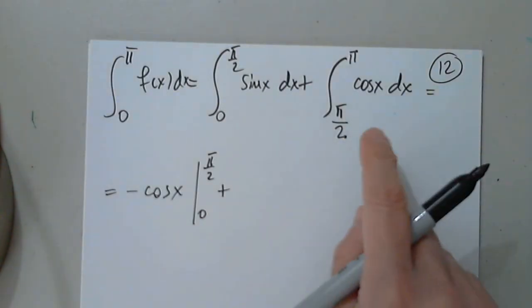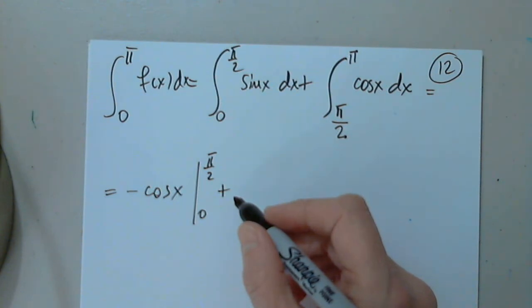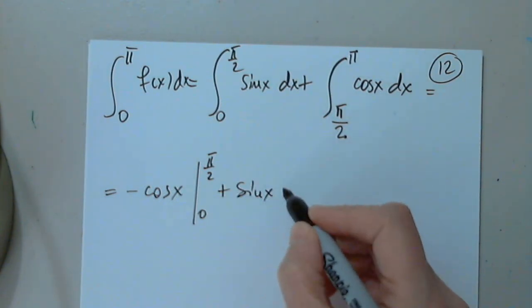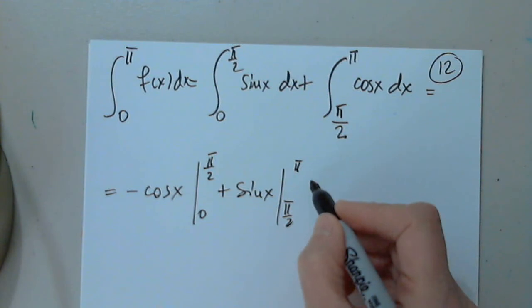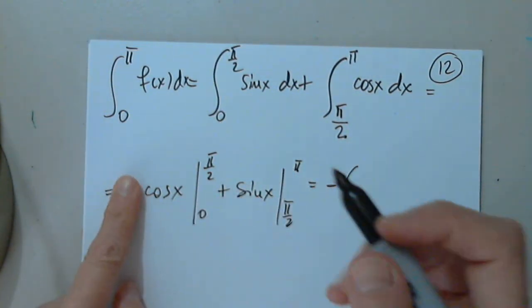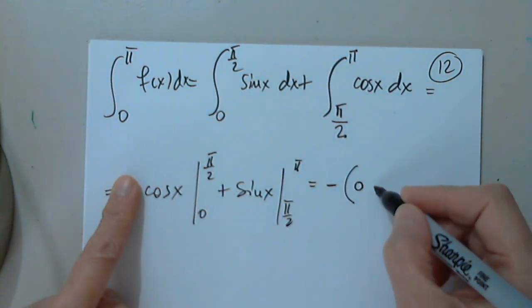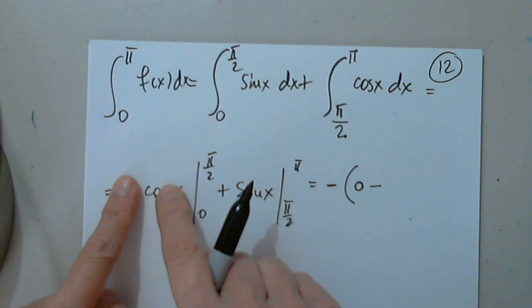Good. Which function prime is cosine? Sine x. Very good. From pi over 2 to pi. Good. Leave the negative outside, patiently waiting. Cosine pi over 2, that is 0. Minus, when I plug in 0, I get 1.